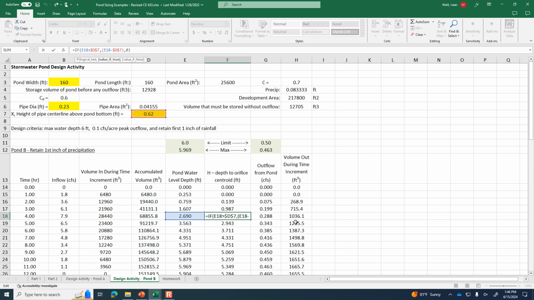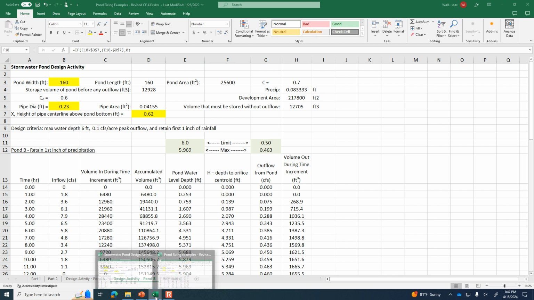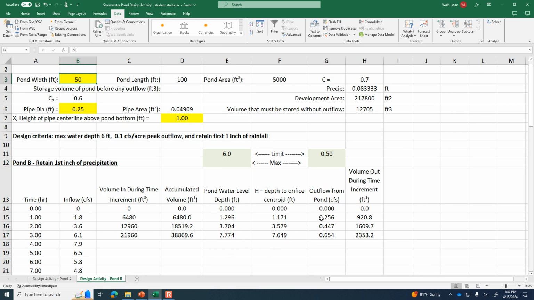Otherwise, it's 0, because the outflow from the pond is going to be 0 until we have some positive depth. So we don't have to have an if statement. You can just kind of manually control that.